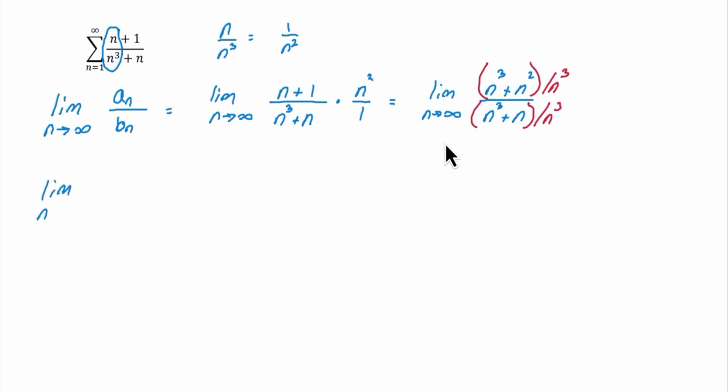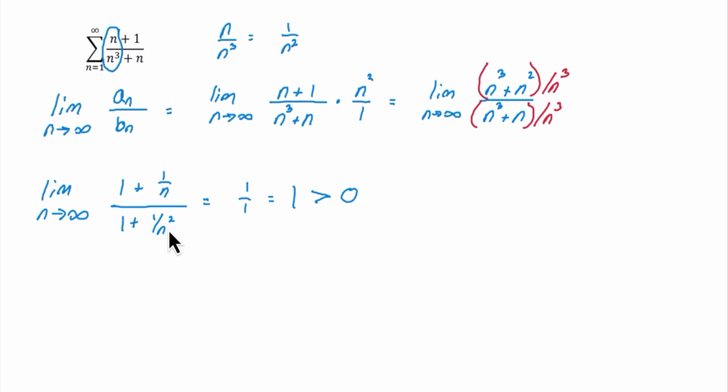Limit as n approaches infinity, we'll get 1 plus 1 divided by n, divided by 1 plus 1 divided by n squared. Notice that we can evaluate the limit now. As this denominator gets big, the fraction goes to 0. Same thing here. So we're getting 1 over 1, or 1, which is bigger than 0.